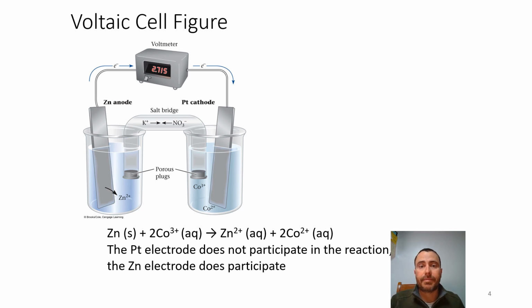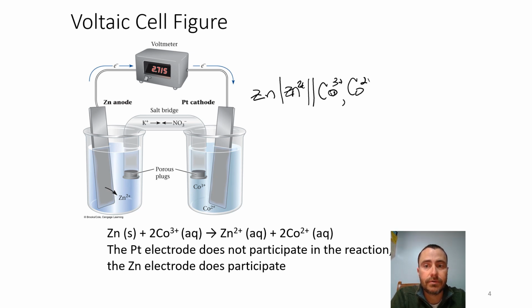On the previous slide, we saw the shorthand cell notation, which was zinc line, zinc 2, salt bridge, cobalt 3, cobalt 2, and then we had our platinum electrode as well. And so we have a pictorial view of that over on the upper left-hand side. They're showing all of that stuff, but just written out.